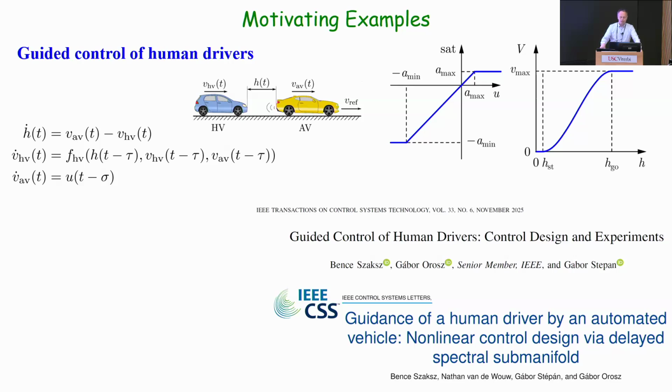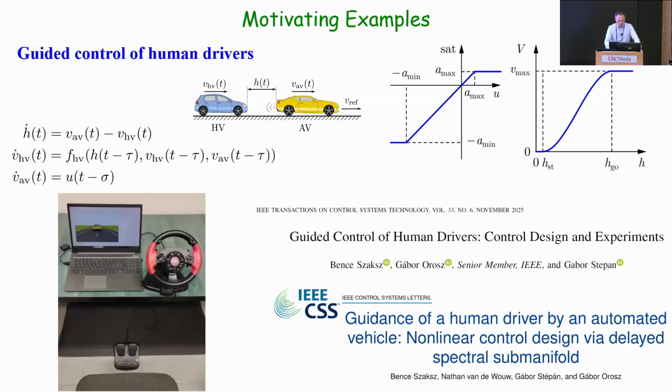Now, first, of course, we really wanted to understand whether this is even possible. So my colleague Bence Szaksz did many experiments. He dragged his whole department to do these experiments, driving and following another vehicle. I don't know how many glasses of beer he had to pay for that, but eventually he had some fantastic data, and he was able to measure the human reaction time delay. He could also identify some of these nonlinearities, which he's going to talk about in a poster tomorrow.